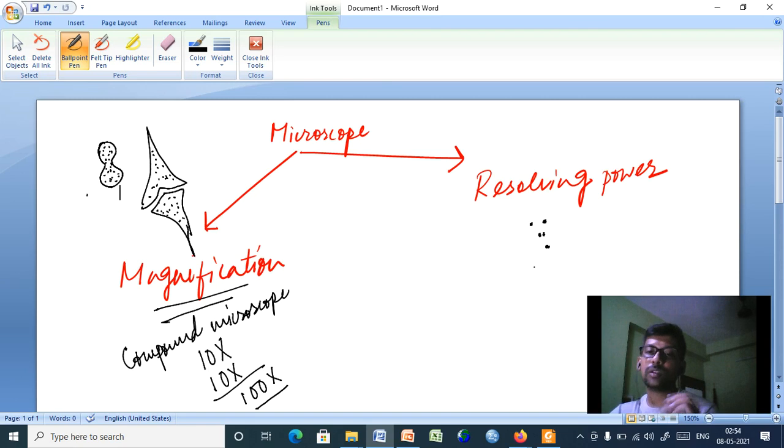A microscope with a good resolving power can resolve this, this, and this very clearly.